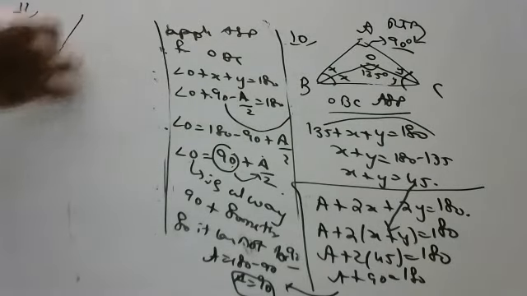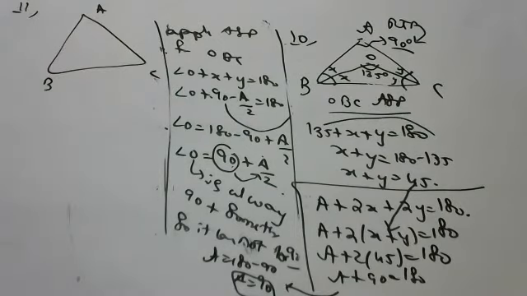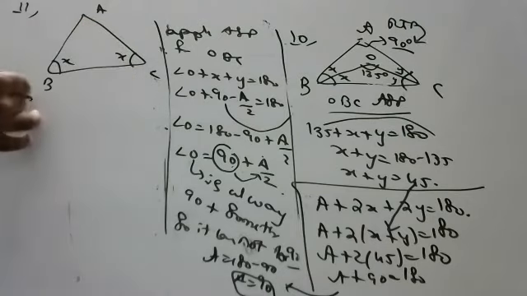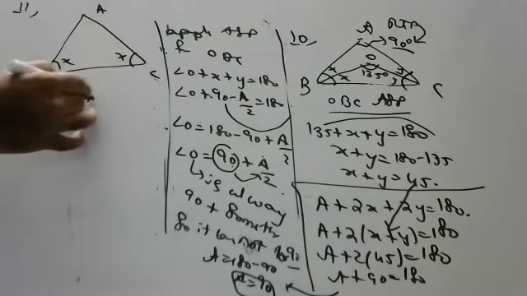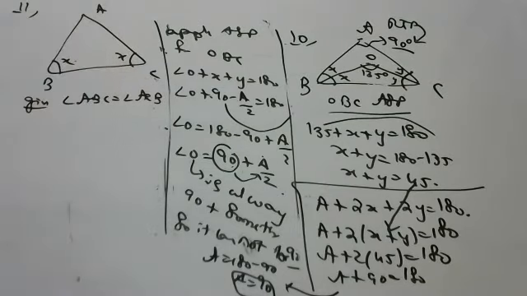In triangle ABC, children, see here. What is the question? Angle ABC is equal to angle ACB, he said, so these two angles are the same.